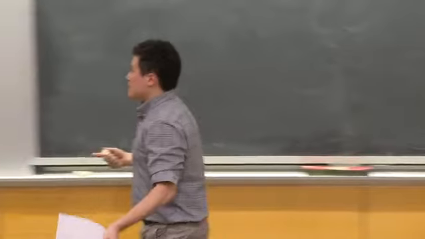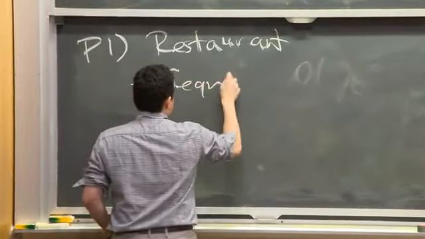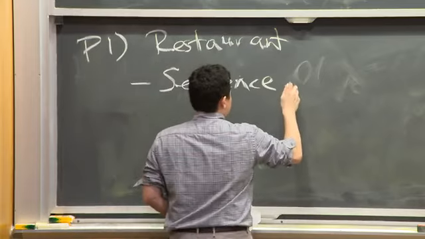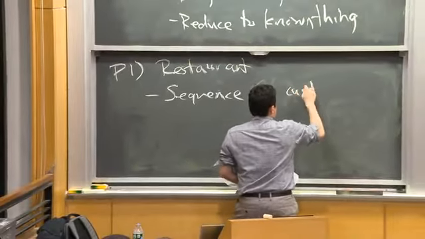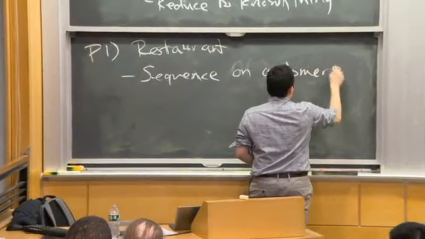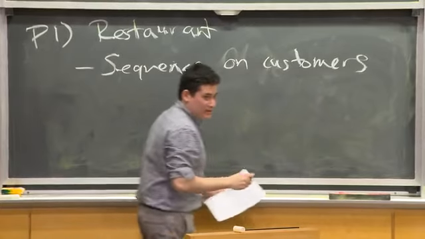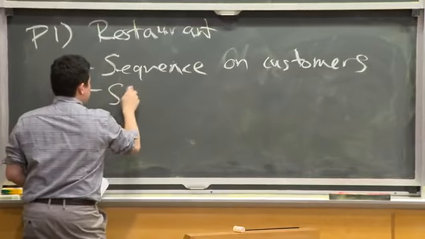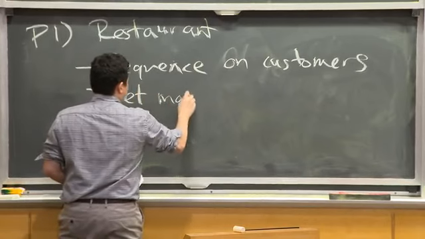And so what do I want to maintain? I want to maintain a sequence data structure on customers, and a set mapping.